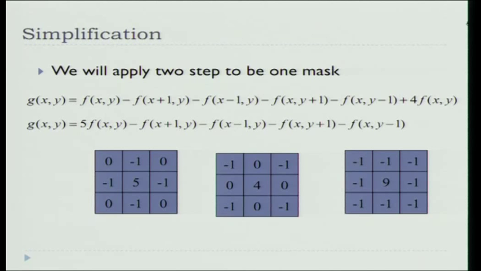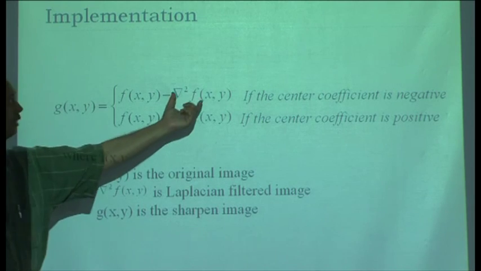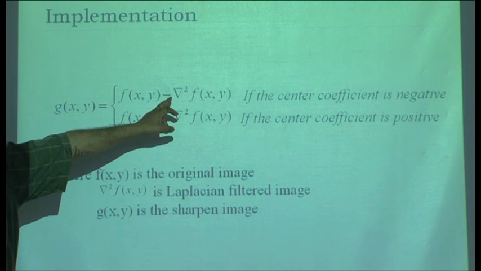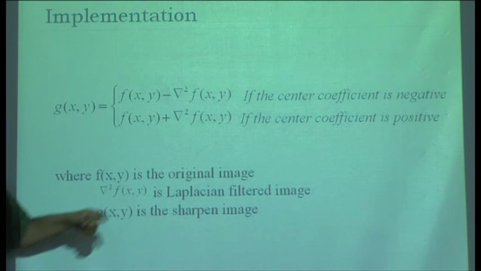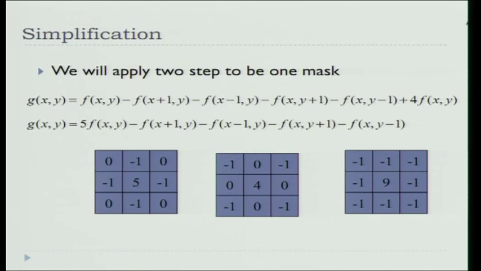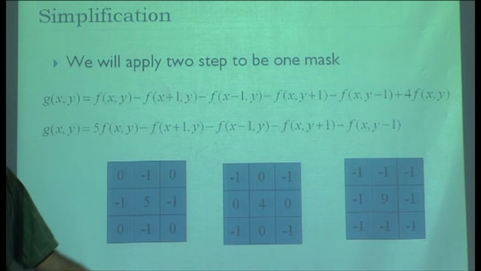This has come from the formula where I have just put the value of del square f(x,y), and then you get the equation 5 f(x,y) minus the neighbors. Same is the case if you put the other one here. So, you get 0 minus 1 0, minus 1 5 minus 1, 0 minus 1 0.